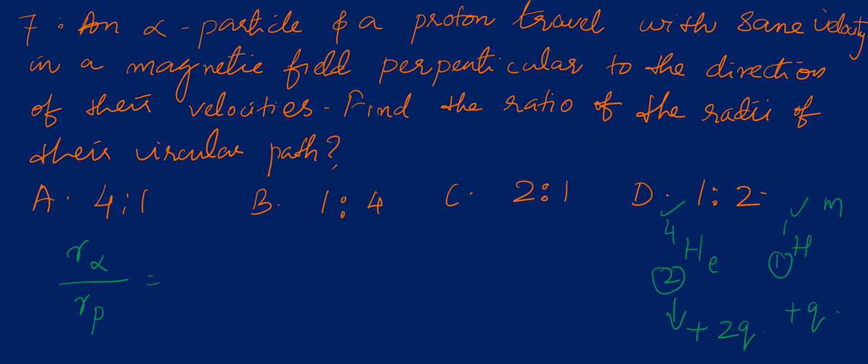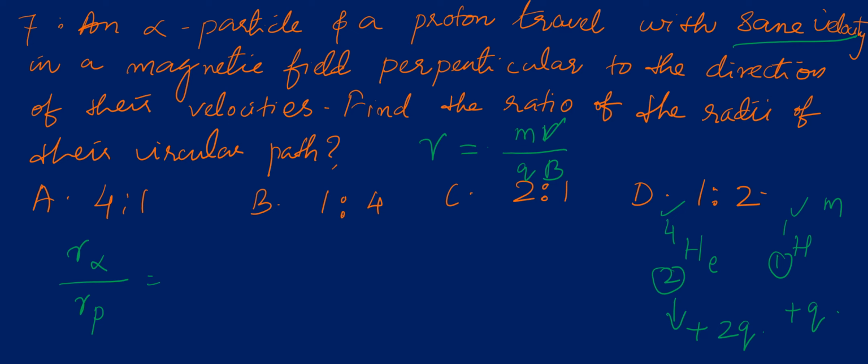So let us find the ratio. We already know that the equation for the radius of the path of a particle when it enters a magnetic field perpendicular to it is R equals mv divided by qB. Here it is said that they are entering with the same velocity.